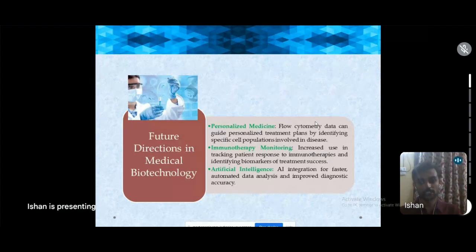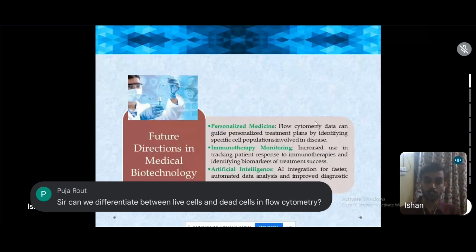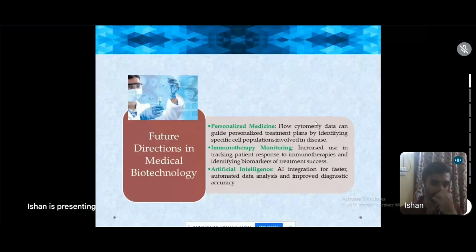Artificial intelligence integration for faster automated data analysis and improved diagnostic accuracy is of most importance. So artificial intelligence integration in the analysis software and detection software will give more and more insights towards cellular analysis, disease modeling and prediction from our flow cytometric data.